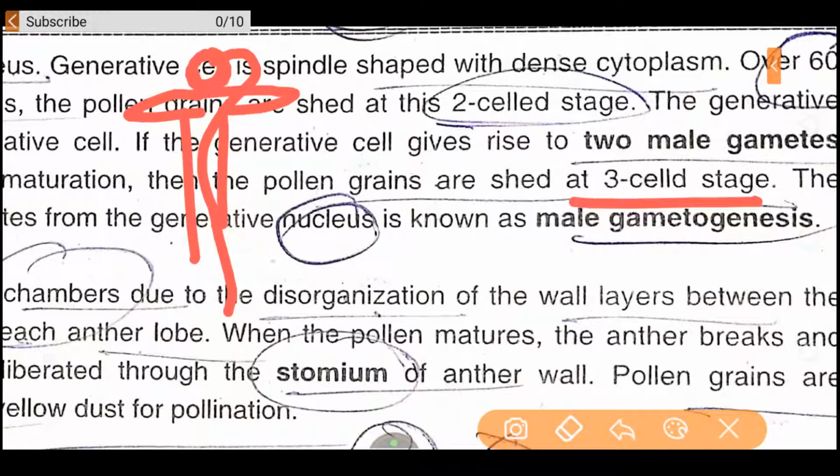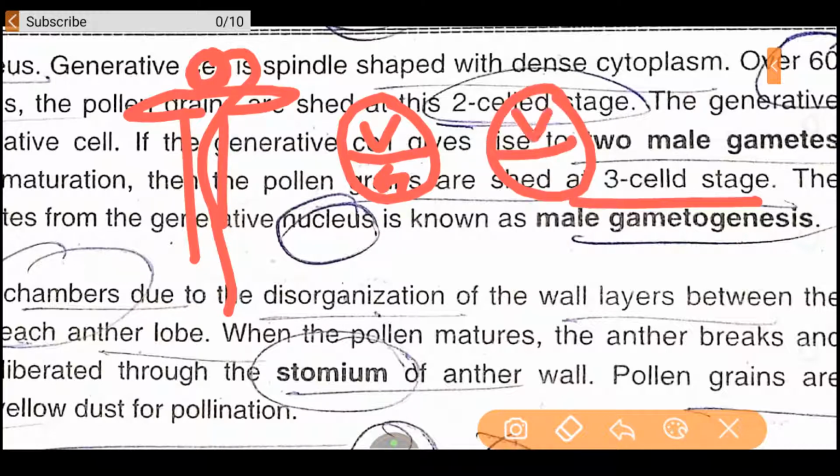So after attaching, the pollen grain has two cells, vegetative and generative. This generative cell is going to form two male gametes. These male gametes are going to be released in this tube. 60% of the angiosperms do it like this.